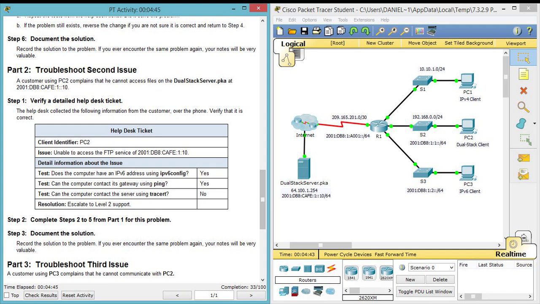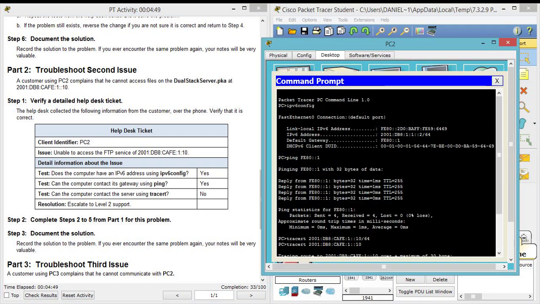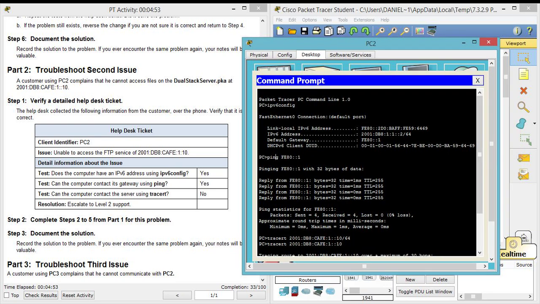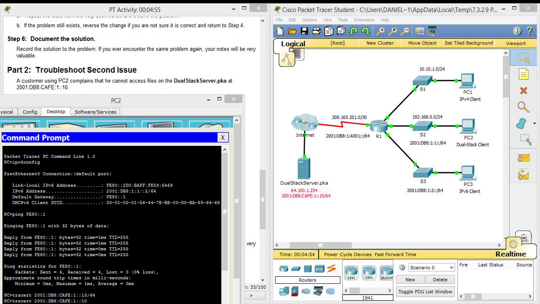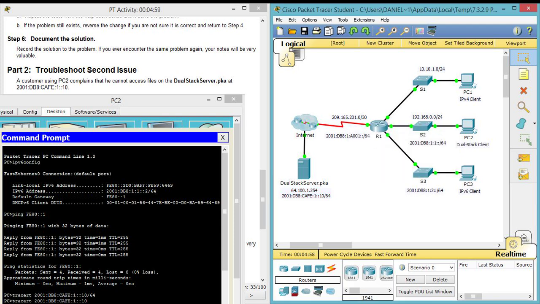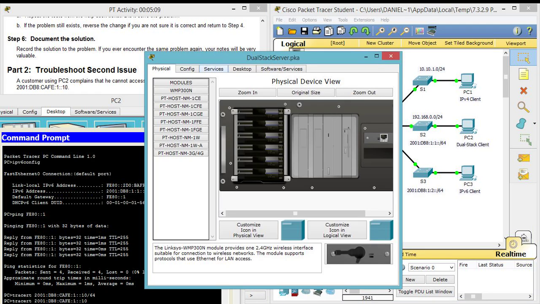The difference is that when we ping the default gateway, that's different from actually tracerting this, because it's going to go all the way there. And if the default gateway doesn't match here as what it is here, then it's not going to work, and that is exactly the problem here.